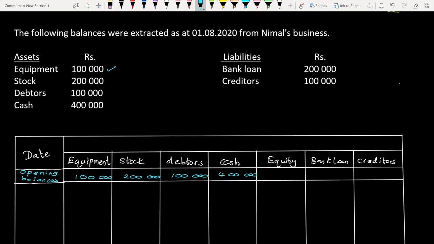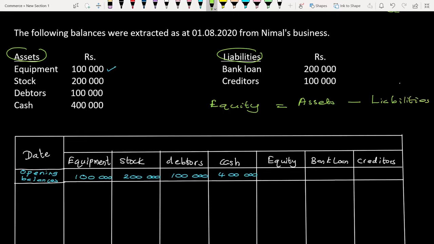Now, what about the equity balance? What is the opening balance of equity? If we are given the assets and liabilities, we can easily find our equity balance. So the equity opening balance is total assets minus total liabilities.